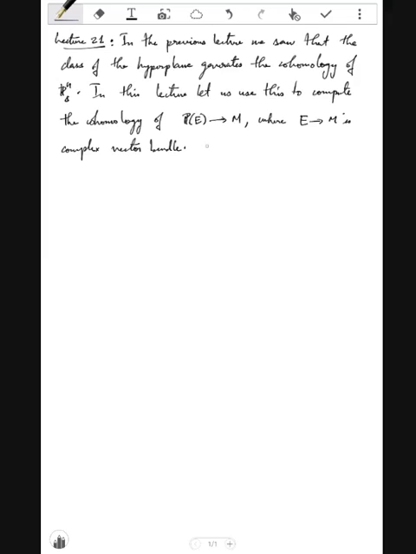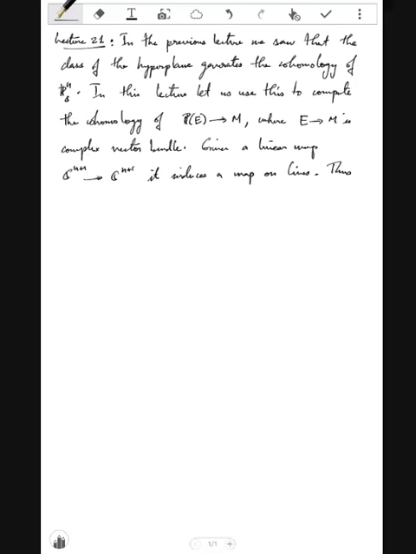So first, let's see how to construct P(E). Given a linear map, an isomorphism, it induces a map on lines.